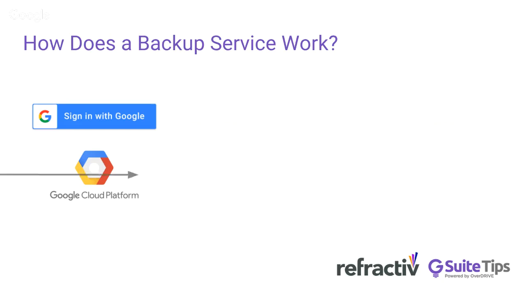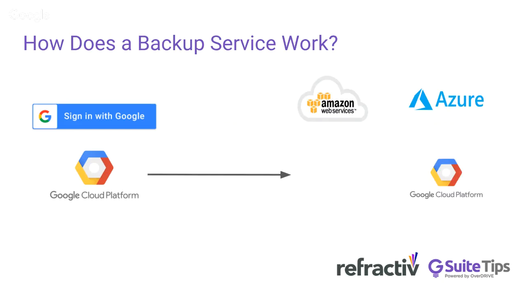This is mostly open cloud platforms like Amazon, Azure, and even a different area of Google Cloud Platform. Some backup services use a private cloud infrastructure to store your data, particularly the larger providers who have the demand to warrant the level of investment needed.